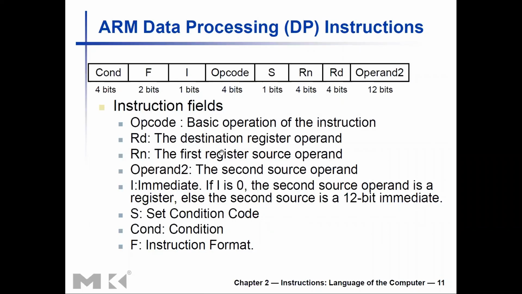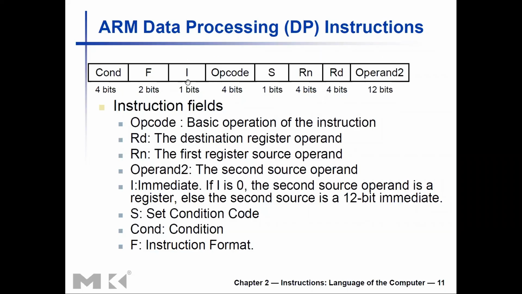Now, to differentiate between an immediate value and a register number, you use this I field. It's a 1 bit field. If this bit is 0, operand 2 is taken as a register.